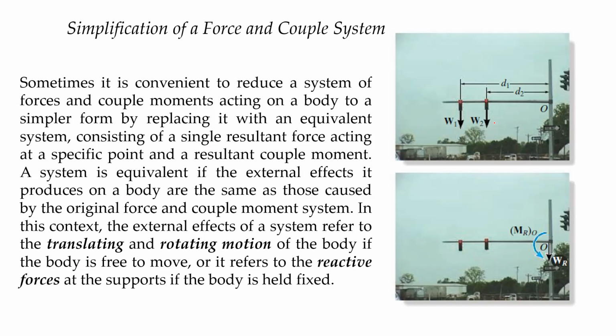In this context, the external effects of a system refer to the translating and rotating motion of the body if the body is free to move, or it refers to the reactive forces at the supports if the body is held fixed.